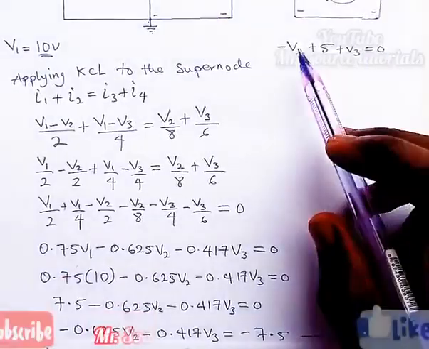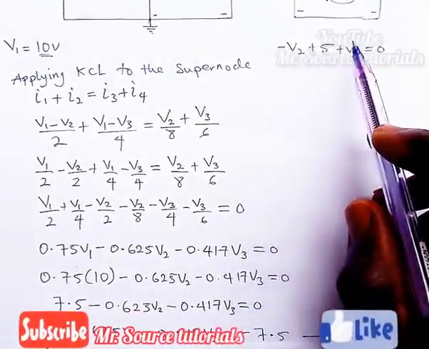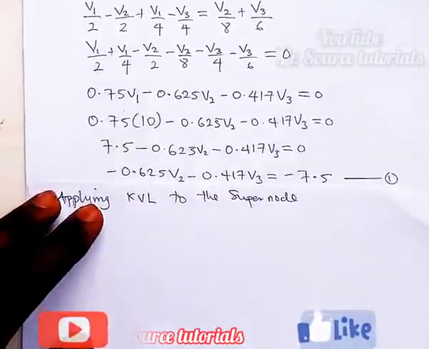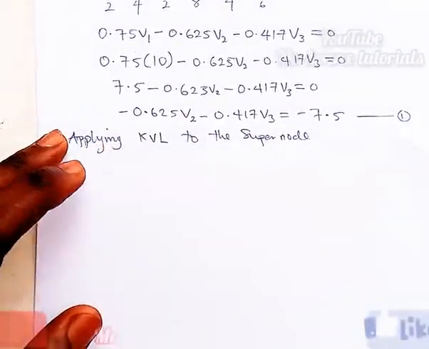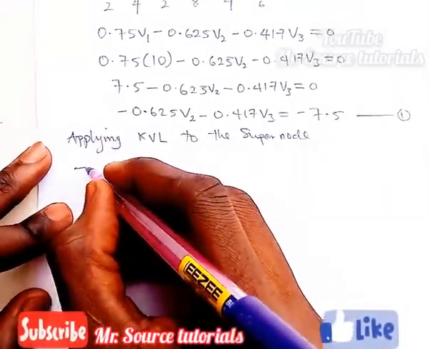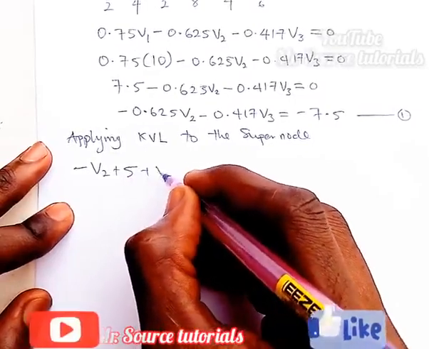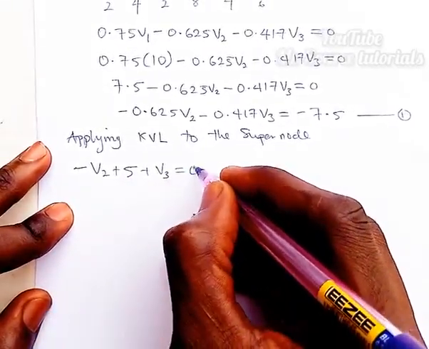Bringing it down here, you are going to have minus V2 plus 5 plus V3 equals 0.